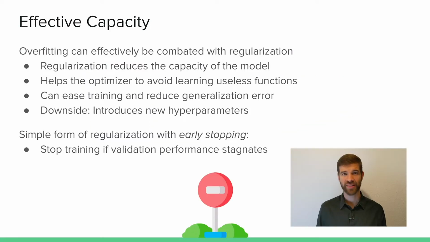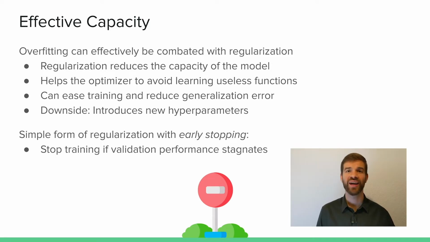The effective capacity of our network can be adjusted by several things. When we perform regularization, we're reducing the capacity of the model, which can help the optimizer to avoid learning useless functions, and it can ease training and ultimately reduce the generalization error, which is what we want.